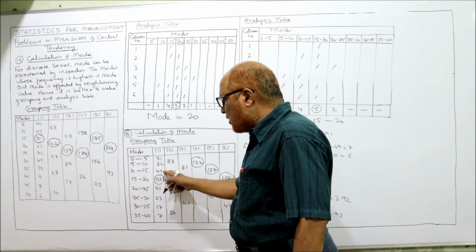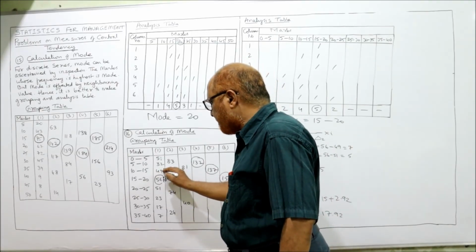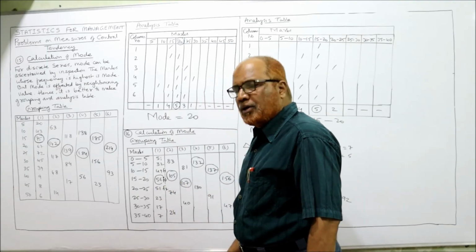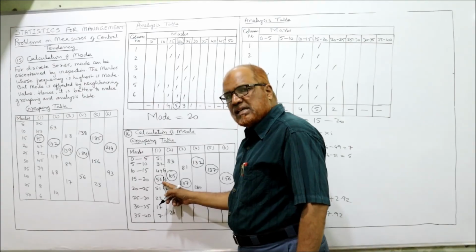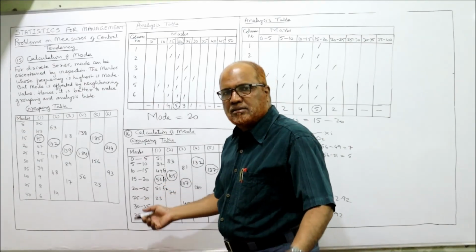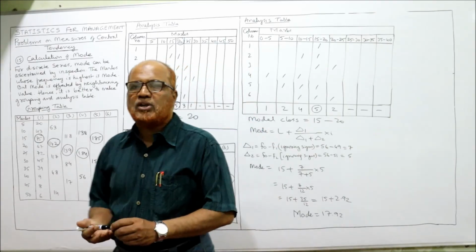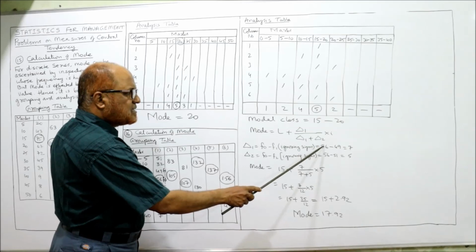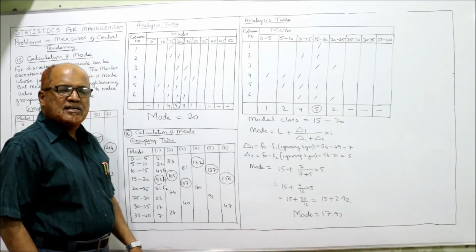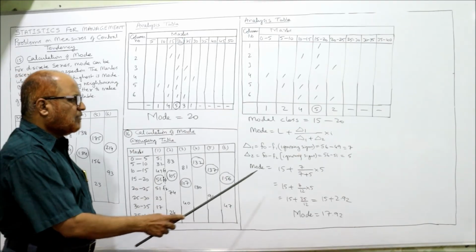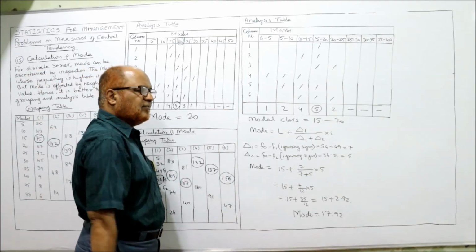The preceding modal class is F1 and succeeding modal class is F2. So F0 minus F1 is 56 minus 49, 7. Second, F0 minus F2, 56 minus 51 is 5.